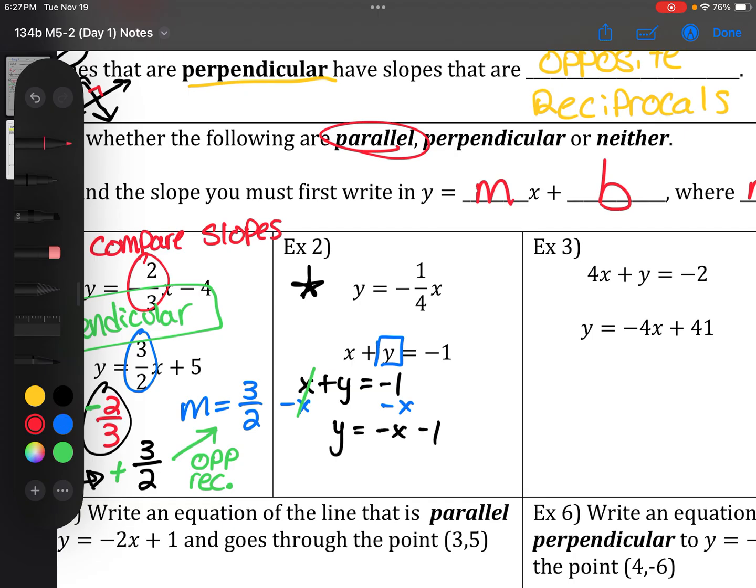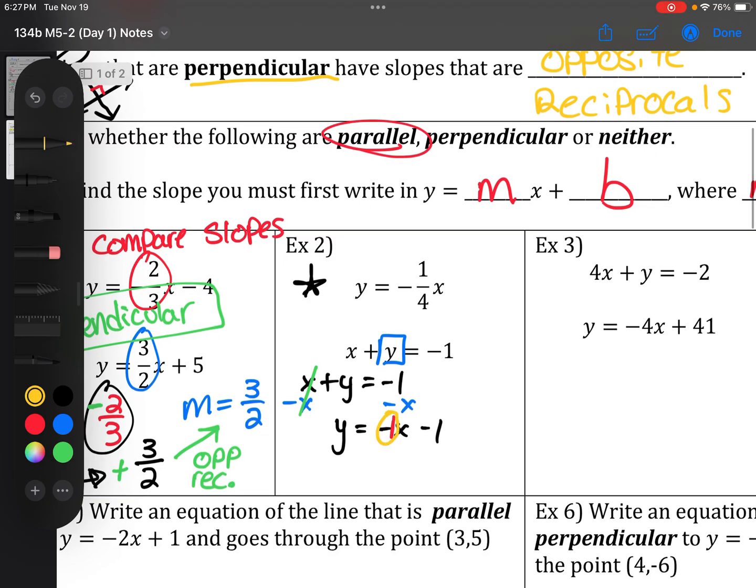Your slope, this is a tricky one, is that number right in front of the x. So your slope for this line is negative 1. Your slope for this line is that number in front of the x, negative 1 over 4. Those are not the same, and they're definitely not opposite reciprocal slopes. So these are neither parallel nor perpendicular.